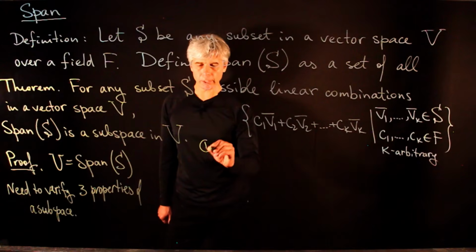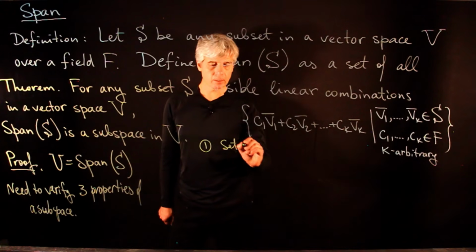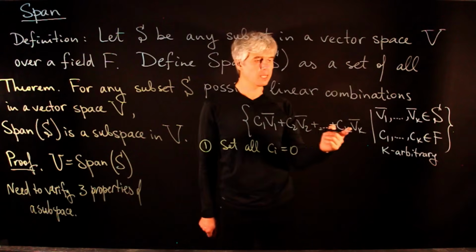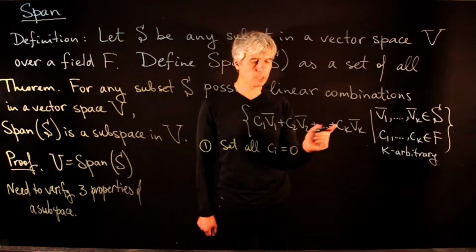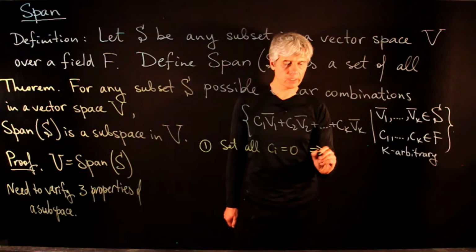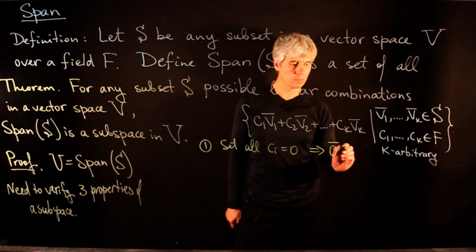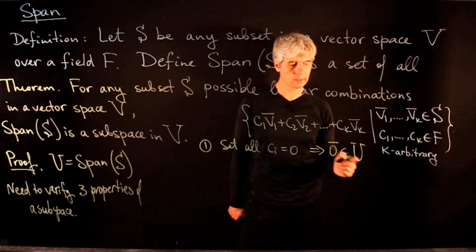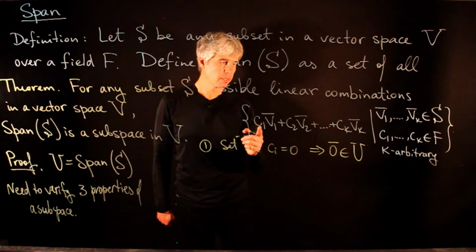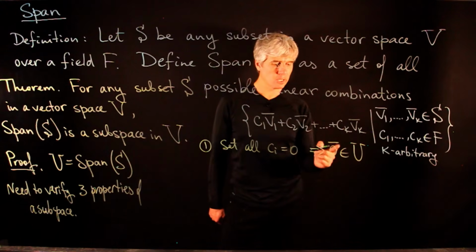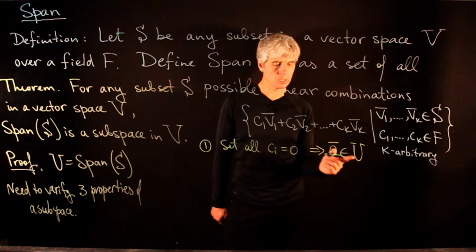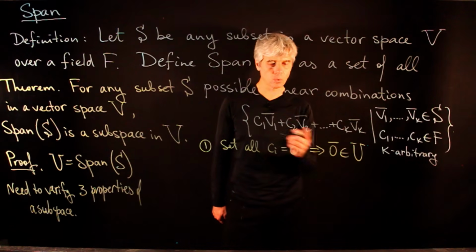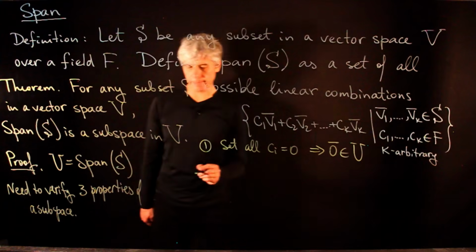To check the first property, we can set all CIs to be 0. So if we take a linear combination with 0 coefficients, then this tells us that 0 vector will belong to the set U, right? So a linear combination with all 0 coefficients is equal to the 0 vector. And so this tells us that 0 vector always belongs to the span.